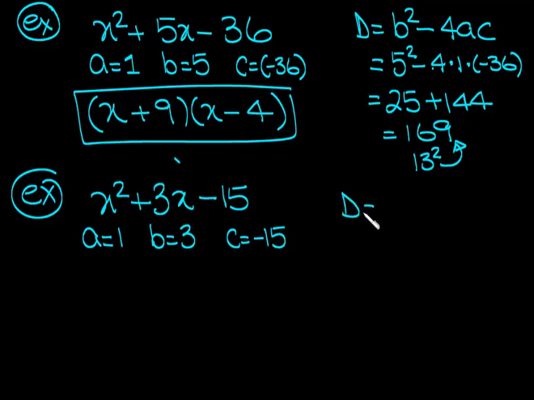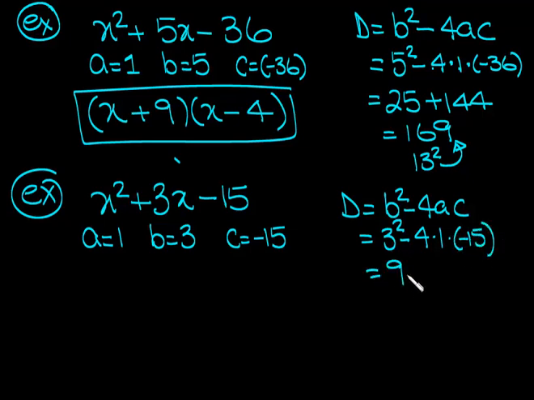So I get D is equal to b squared minus 4ac. So I get 3 squared minus 4 times 1 times negative 15. So I get 9 plus 60. I get 69. 69 is not a perfect square. There's no number whose square is 69, so this cannot be factored.